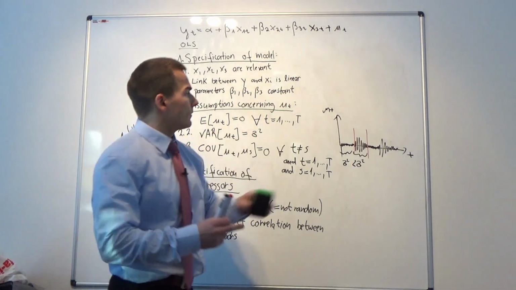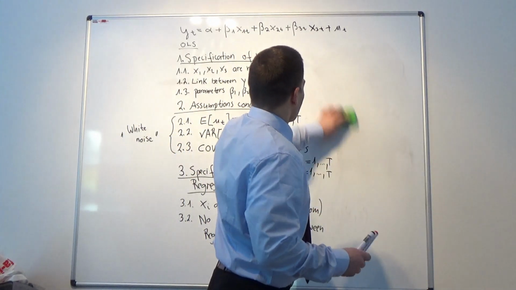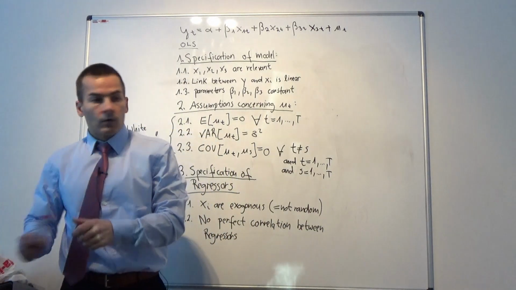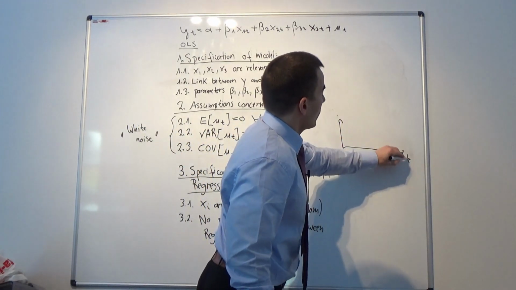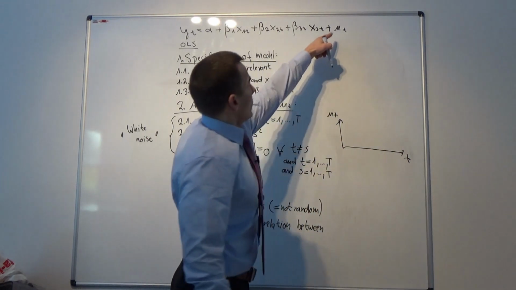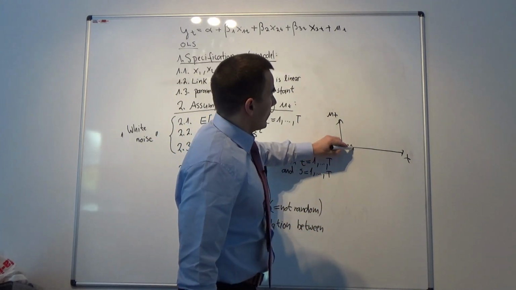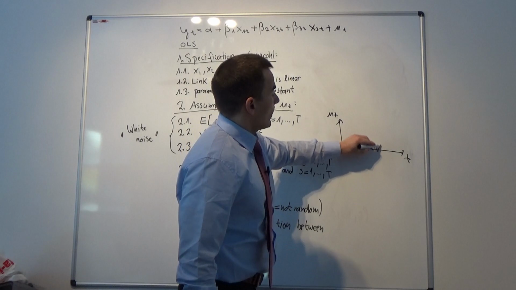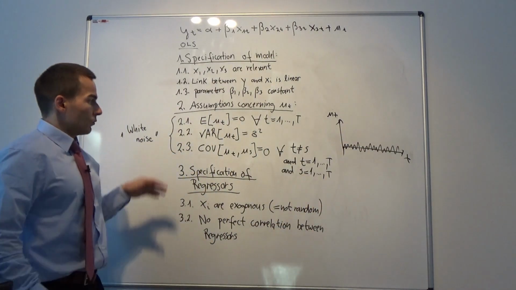So let's plot again the time dimension on the x-axis, and here we have the error term of our model. What we want is that the variance is the same. It's a well-behaving process. That's what we would like to see.